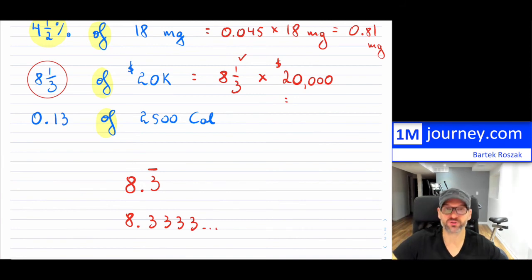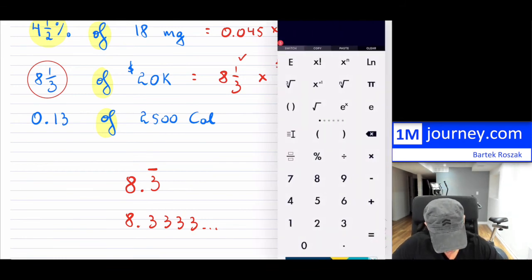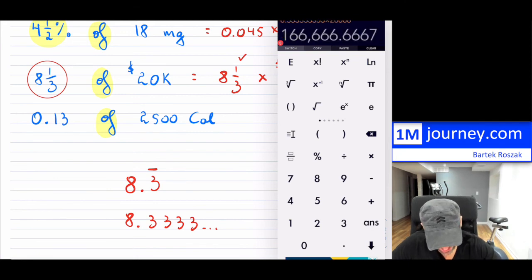So if you want to enter it as a decimal, put at least 6 or 7 decimal places so that you're not running into a rounding error. So what I would do here is 8 point, let's say 3333, I'll enter as many as I can, times 20,000. And now I'll get my answer.